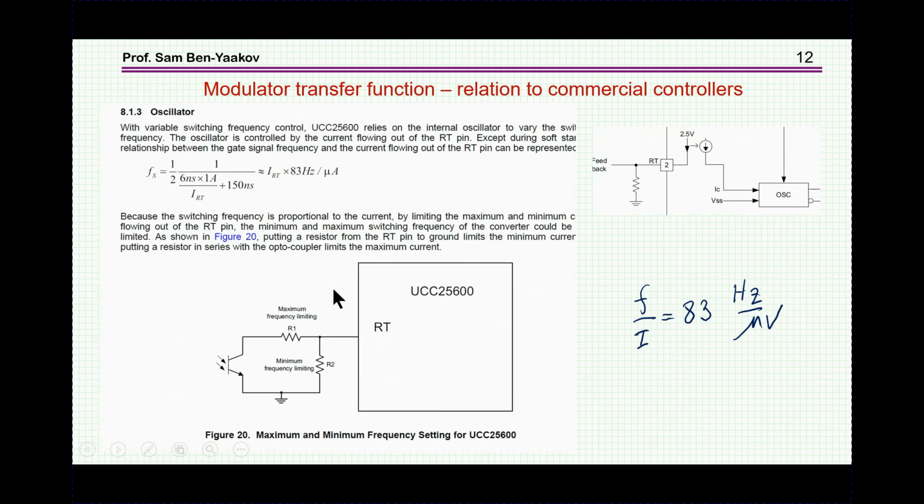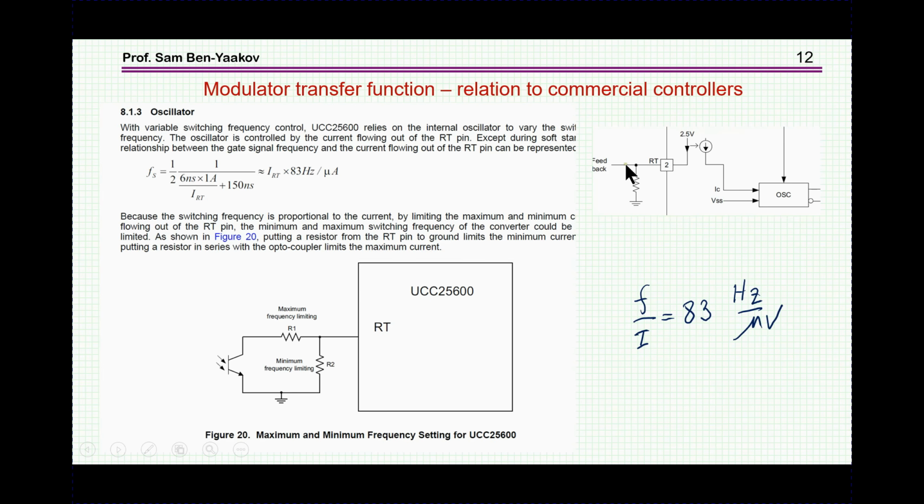Now, as I've said, any IC controller for a resonant converter would have a modulator, because this is part of the mechanism that you need in order to control the resonant circuit. I'm showing here the case of the Texas Instruments UCC25600 controller. In this controller, the frequency is controlled by current in this port. The current here is affecting the oscillator. Here it is.